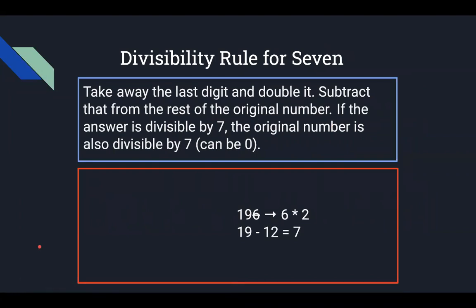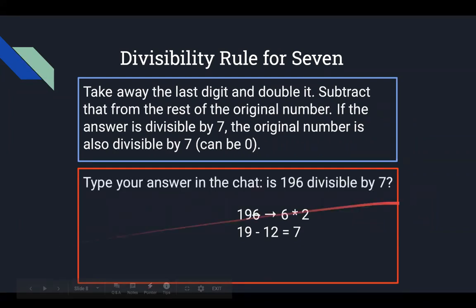So first, you have to take away the last digit and double that. You can type it if you want, but we're just going to use this to explain. So you would take away 6 because that's the last digit, and double 6, which is 12. Then you subtract that double digit from the rest of the original number.